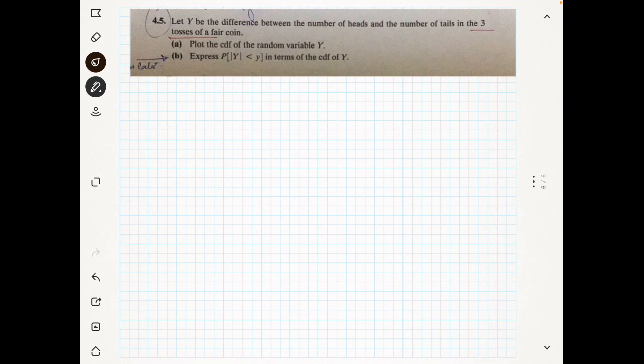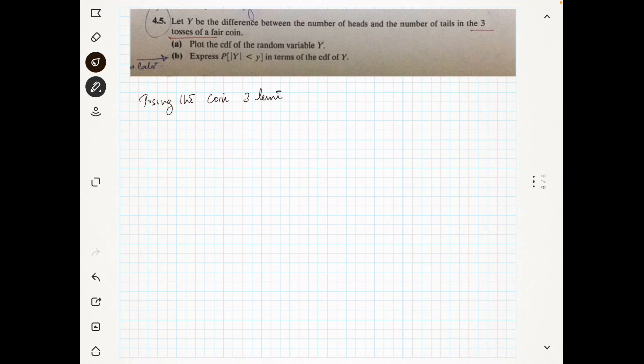So this is the second problem which is shown in our problem sheet 2. You can see here, let y be the difference between the number of heads and number of tails in 3 tosses of a coin. That means you are tossing the coin 3 times.